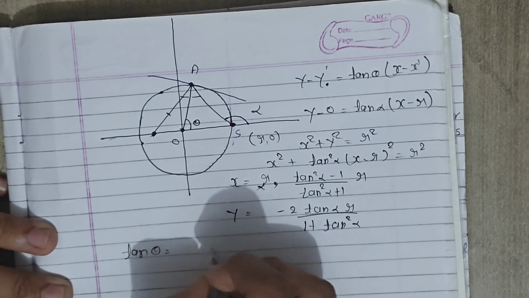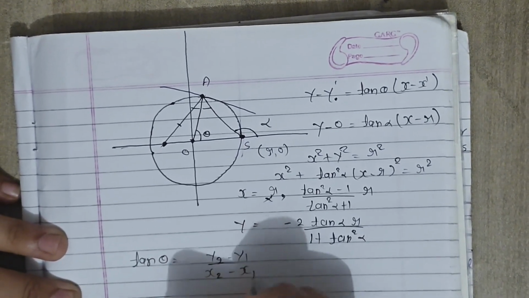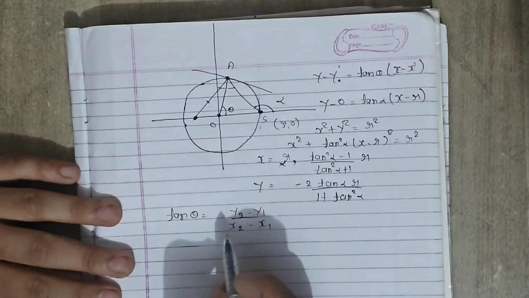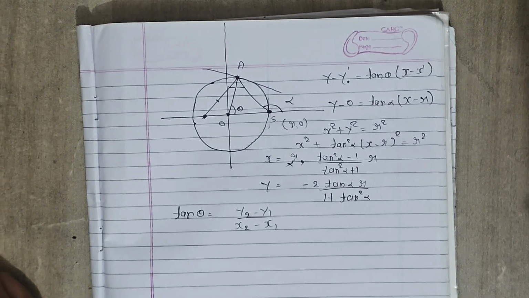Then tan theta is equal to (y2 minus y1) upon (x2 minus x1), where (x2, y2) is a point lying on that line, and (x1, y1) is another point lying on that line.